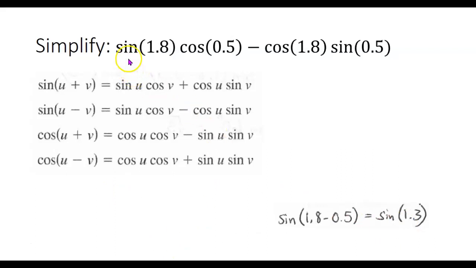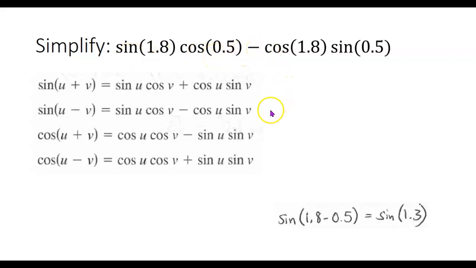Let's simplify the sine of 1.8 times the cosine of 0.5 minus the cosine of 1.8 times the sine of 0.5. Which of these right-hand sides does this resemble? This time the sines and cosines are sort of mixed up, multiplied by each other, and there's a minus in the middle.